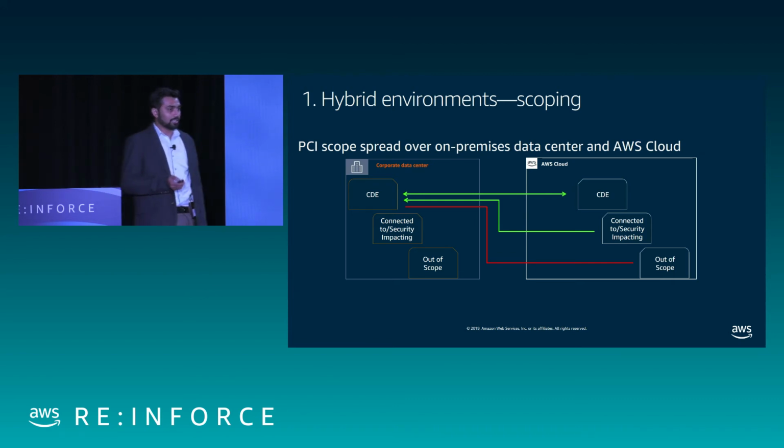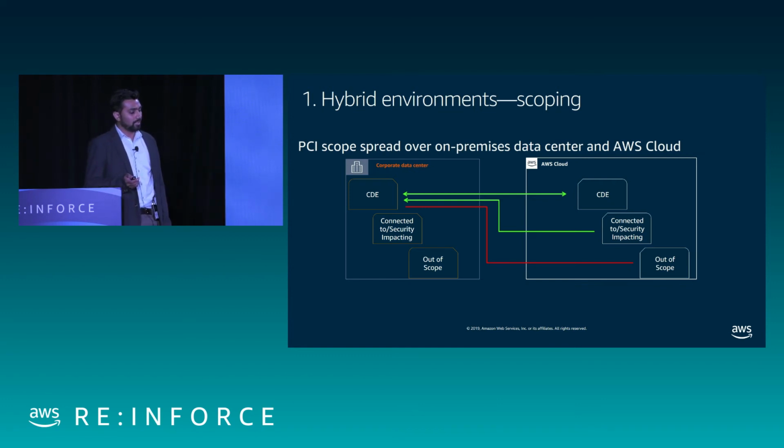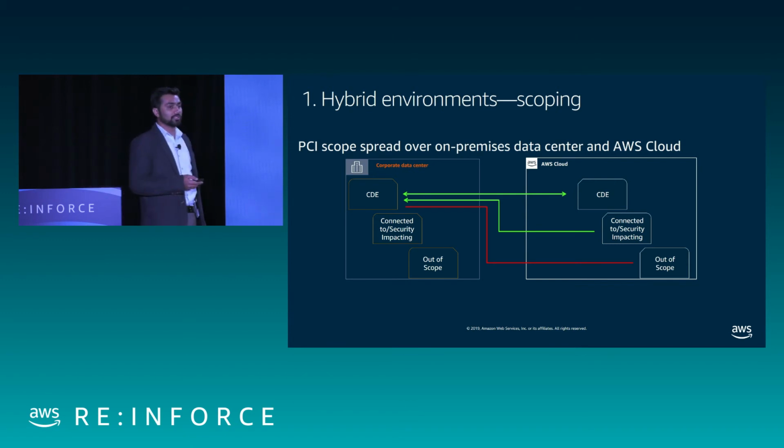So the takeaway from this is you can have these two systems, and we need to then take care of how they're communicating. CDE systems can communicate with other CDE systems from the cloud to the on-prem. The connected-to systems can communicate as well, but the out-of-scope systems in either should not be communicating with each other.